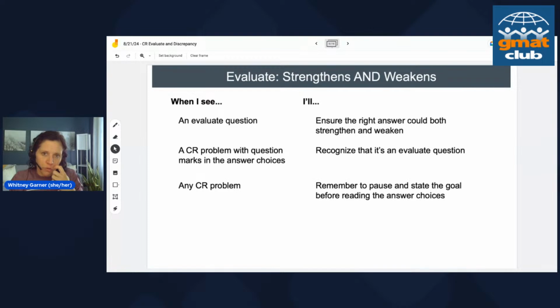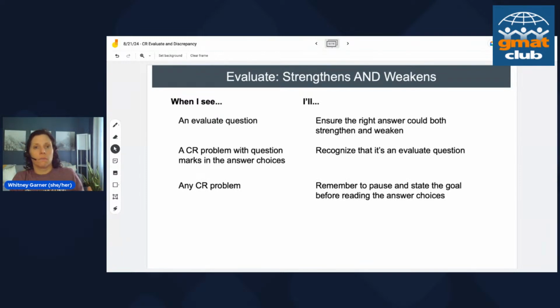Now we're going to move to another kind of similar, we're sort of thinking of it as an oppositions question type, but of a very different flavor. And it's the explain a discrepancy question type. So we're leaving the family of conclusions with assumptions. When we think about arguments that have holes in them, what we're thinking about is assumption, strengthen, weaken, evaluate.